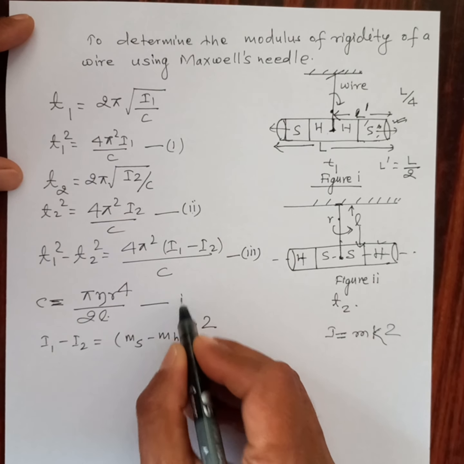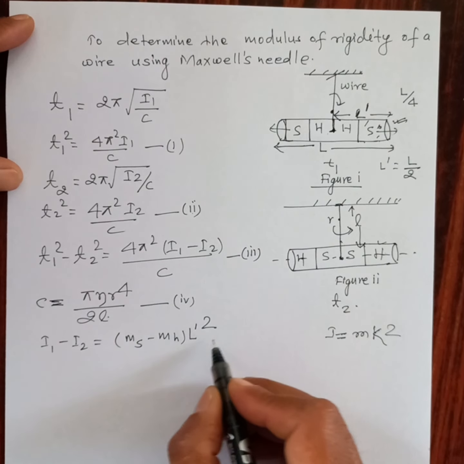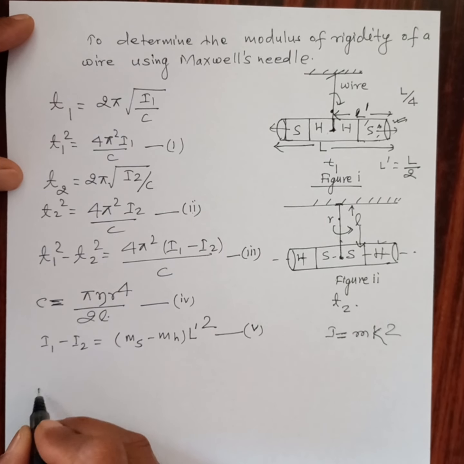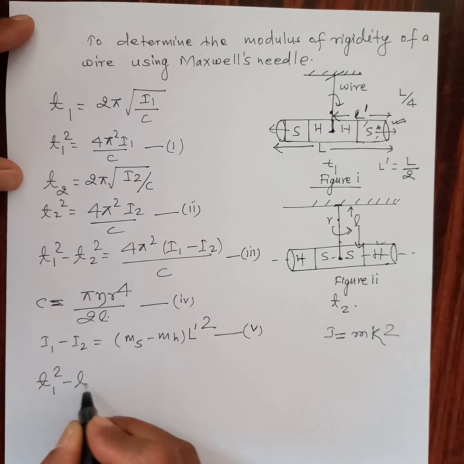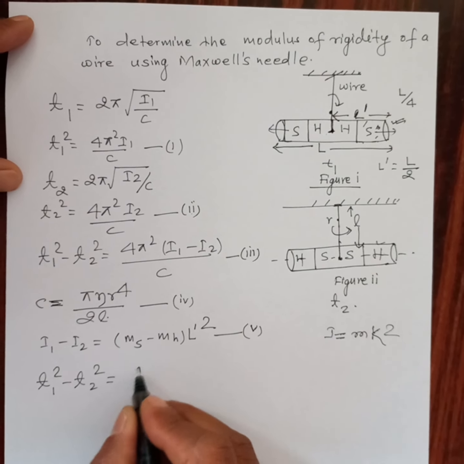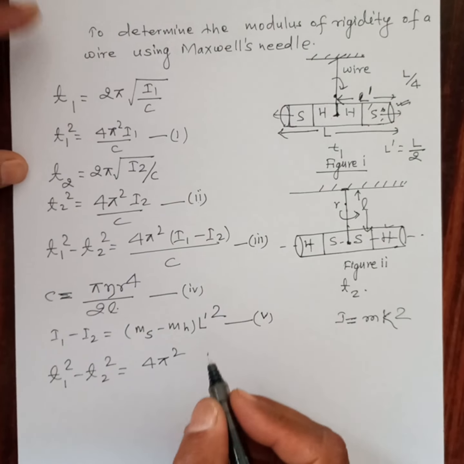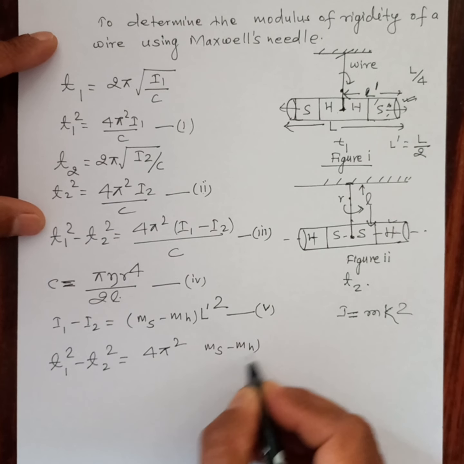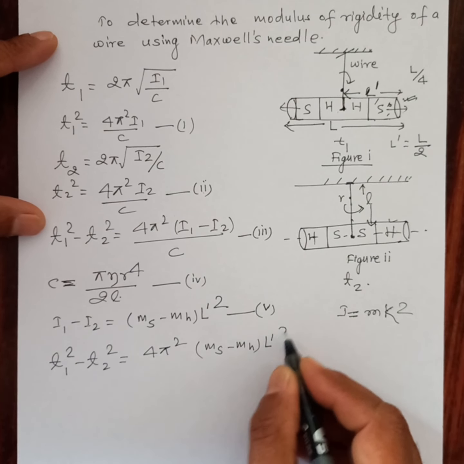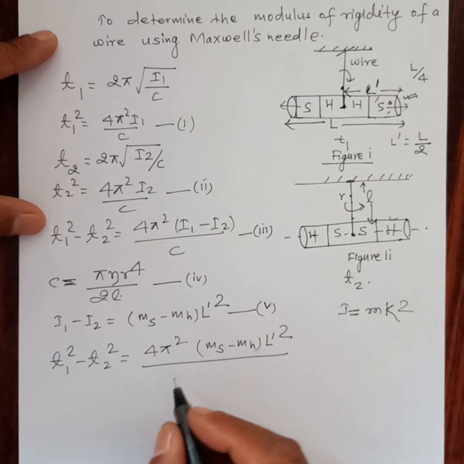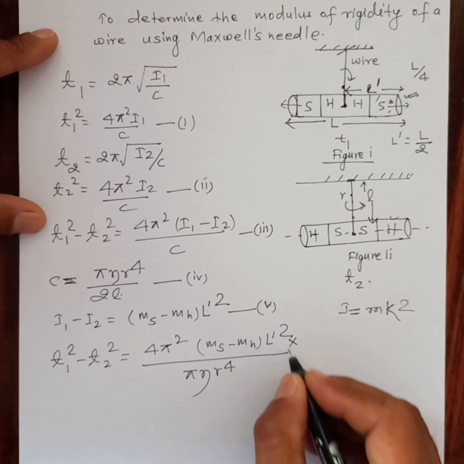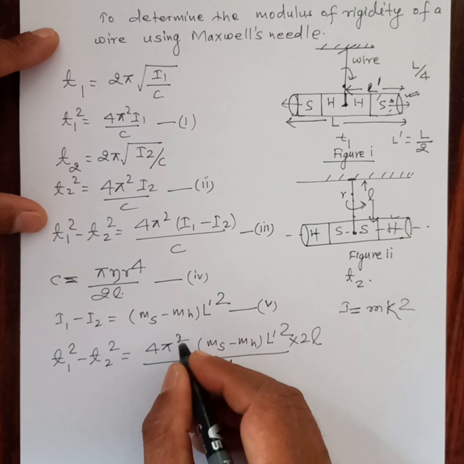Substituting the values of C and I1 minus I2 from equations 4 and 5 into equation 3, what do you get? T1 square minus T2 square is equal to 4 pi square times I1 minus I2, which is the mass of the solid cylinder minus the mass of the hollow cylinder times L dash square, divided by C, which is pi eta R to the 4 upon twice l. This pi and pi cancel.